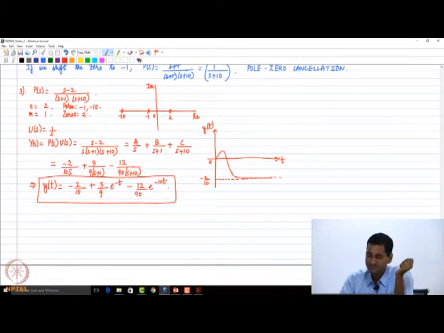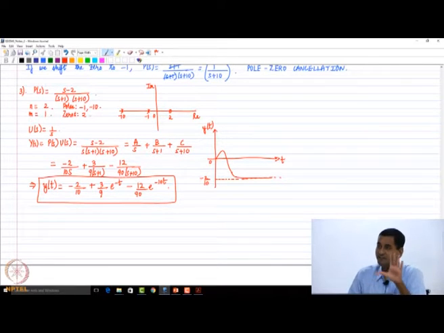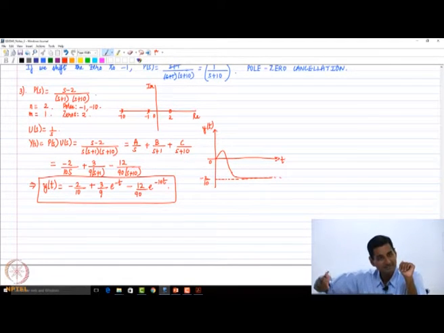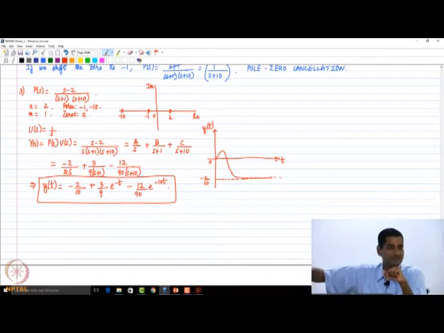If I write 2 minus s, it will become negative and then go to positive 2/10. The effect is going to be reversed. Either way, the conclusion we can draw is that if you have a 0 in the right half plane, your step response will start off in one direction, then reverse its direction and settle down that way.